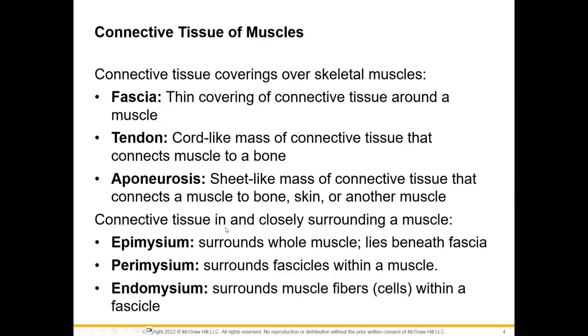The connective tissue in and closely surrounding the muscle includes these three layers: the epimysium, which surrounds the whole muscle, so it lies beneath the fascia; the perimysium, which surrounds the fascicles within a muscle; and the endomysium, which surrounds the muscle fibers, the individual cells within the fascicle.